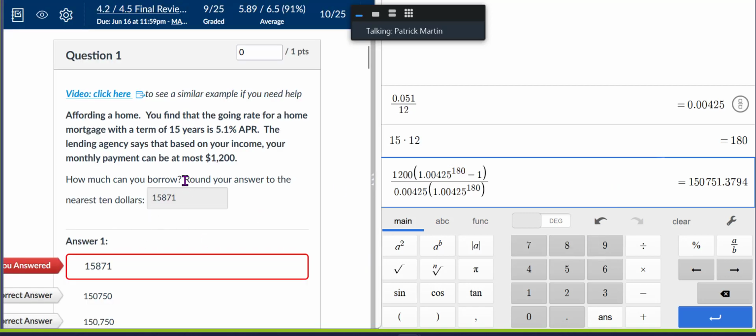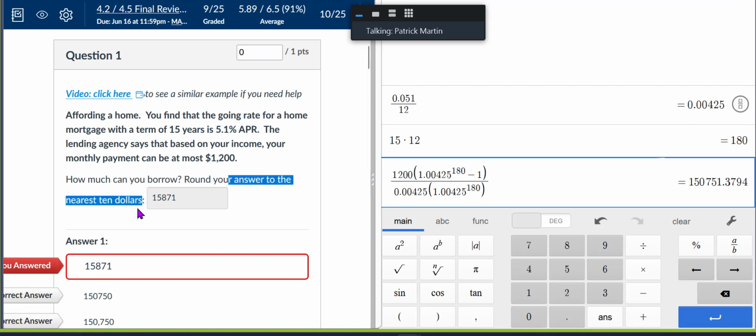Now it says round to the nearest $10. And I'm being really mean on the rounding in these review quizzes, and you'll get no points at all if you don't round properly, because you will need to round on the final. If you miss a rounding on the final, you'll just lose maybe a little bit, right? But I want everyone to figure out the rounding now before you take the test.